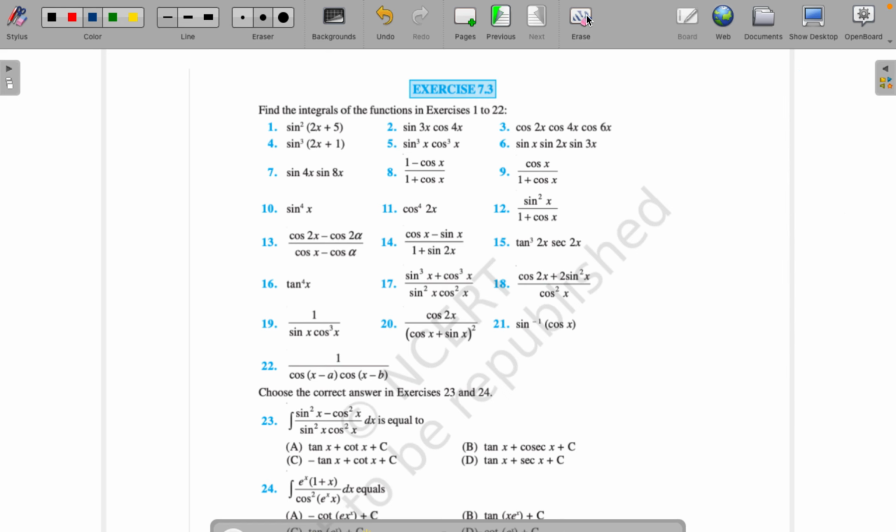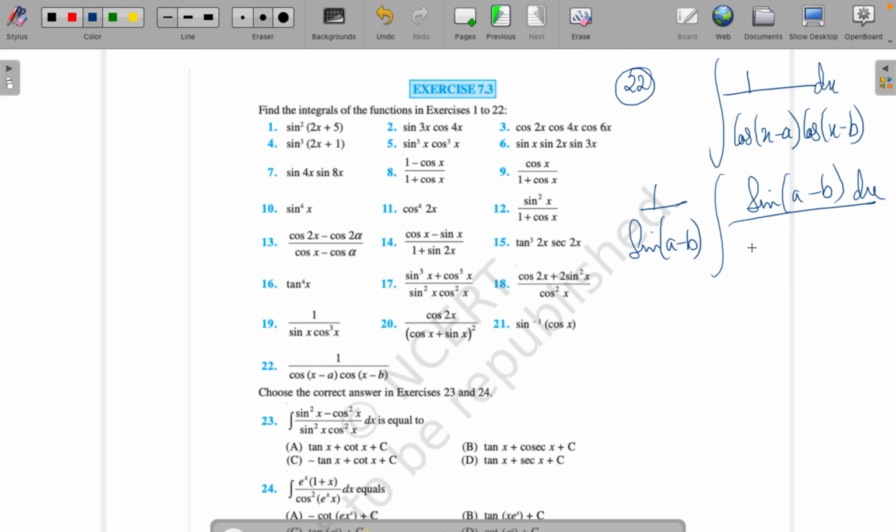Now the last question, 22. Again, this is a very, very important question. And if you have not done this question earlier, you won't be able to solve it the first time. So we will multiply and divide by sine (a minus b), and we will create the angles which are there with the cos.